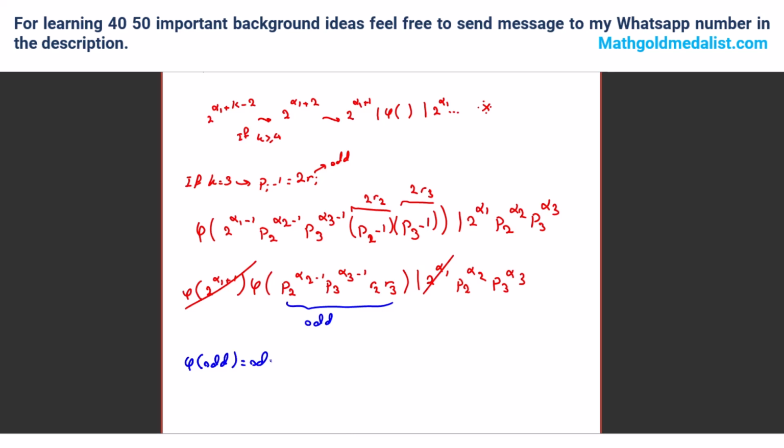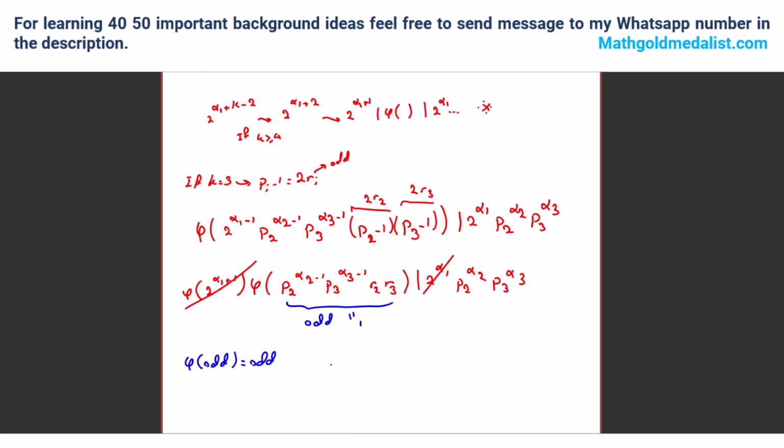Under what case does it happen? Suppose, for example, it is 1. Why it should be 1? Because otherwise, if there's a prime in there, then phi of it will include the prime minus 1, which will be even. Exactly.